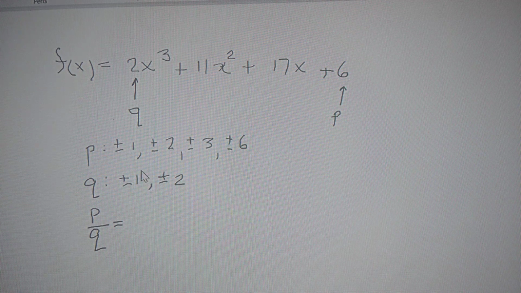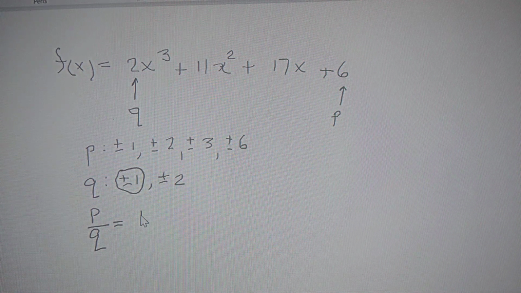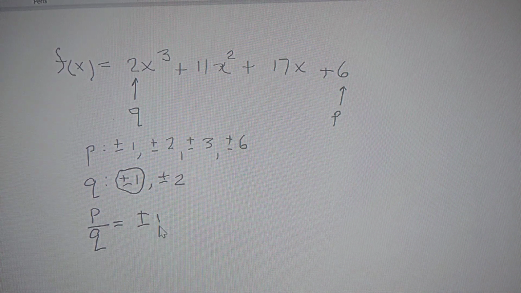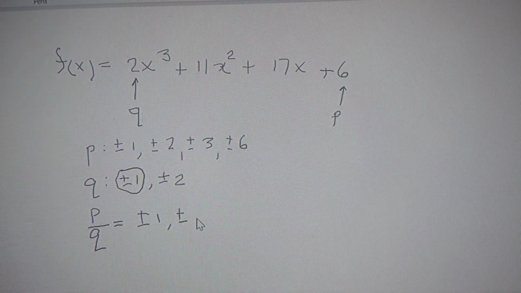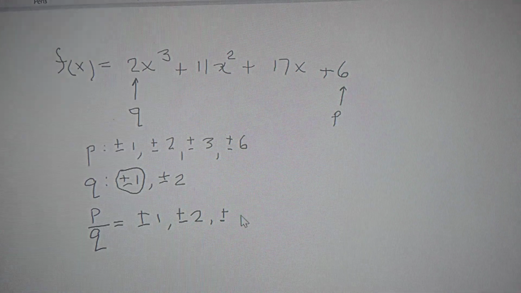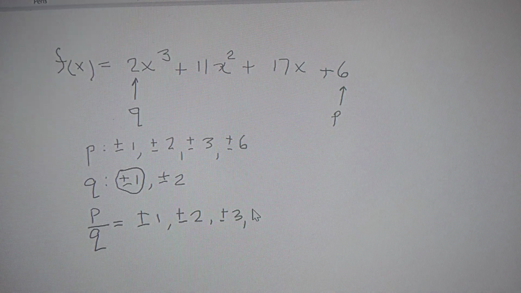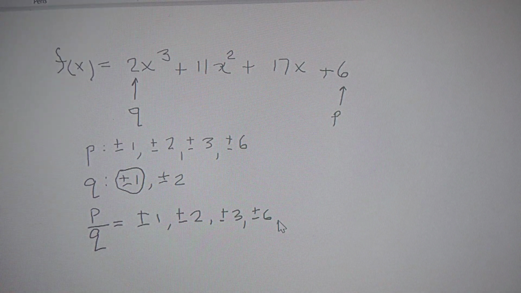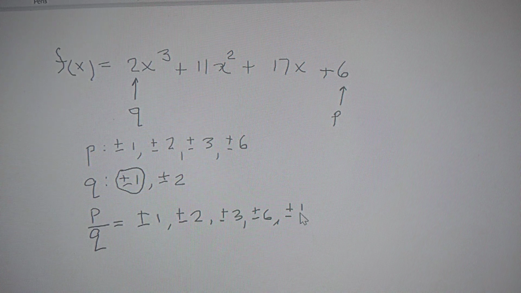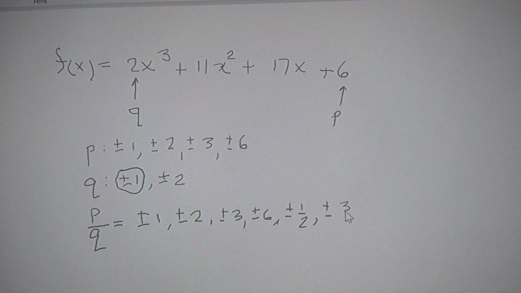So, first divide everything by 1, which gives you all the p's: plus minus 1, plus minus 2, plus minus 3, plus minus 6. And then now divide by 2. So that would be plus minus 1/2 and plus minus 3/2.